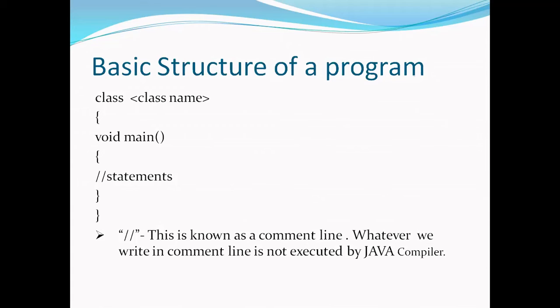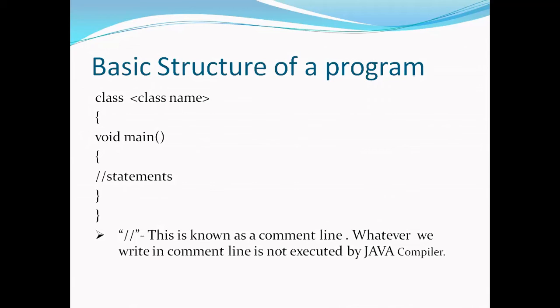Then you might see two slashes and a statement written. Those two slashes are nothing but a comment line. Whenever we are writing programs, you might write many programs on your computer. It will be tough when you suddenly open a program and wonder what you were doing there. This comment line helps in that case.